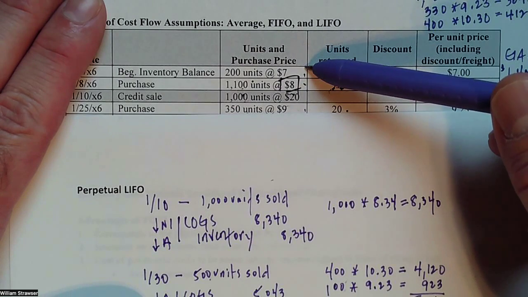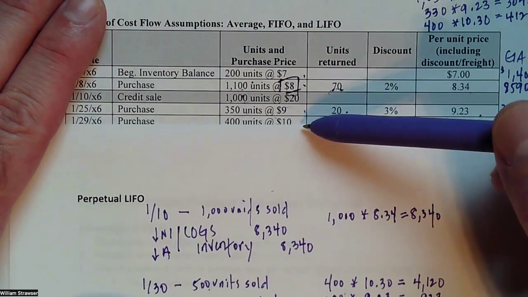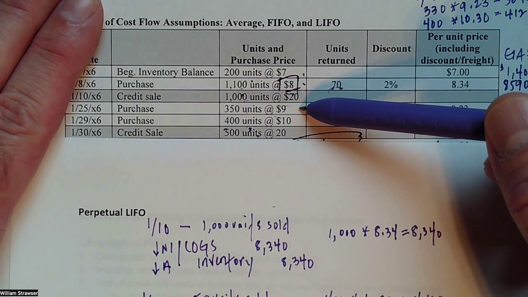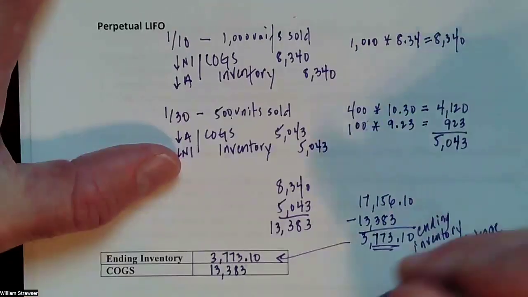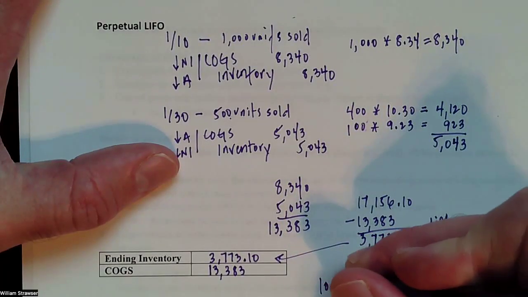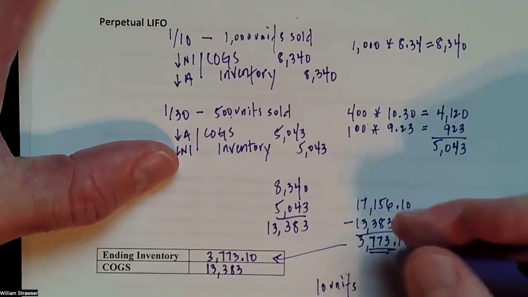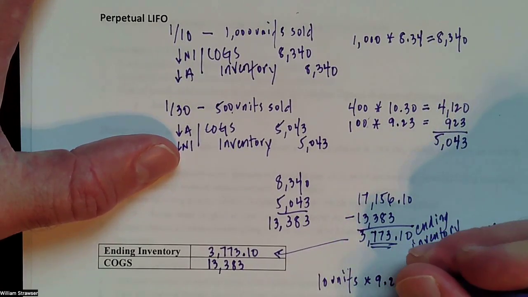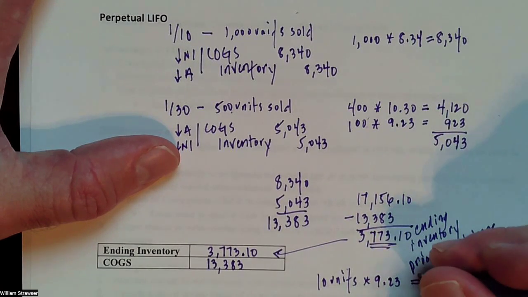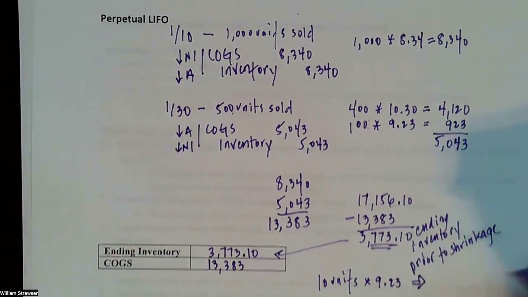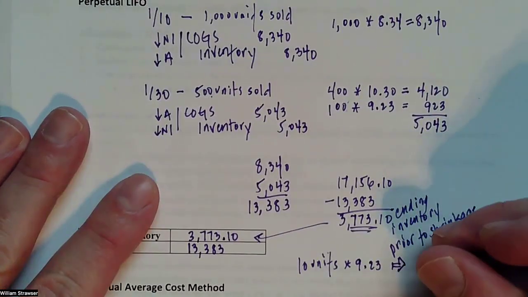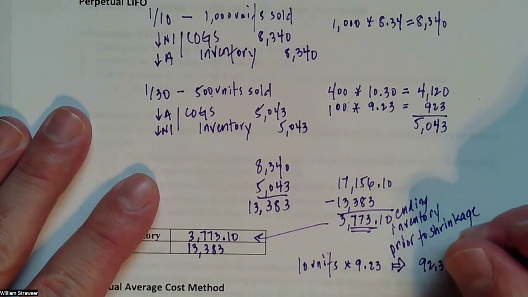So which one do I want to take? In this case, because we're using last in, first out, let's put that cost at the most recent purchase, which is here, right? The most recent to my date and time would be here. So those 10 units would be at a price of $9.23 each. So the shrinkage, and this is just a coincidence, it's not always going to be this way, is going to give me $92.30 of shrinkage.